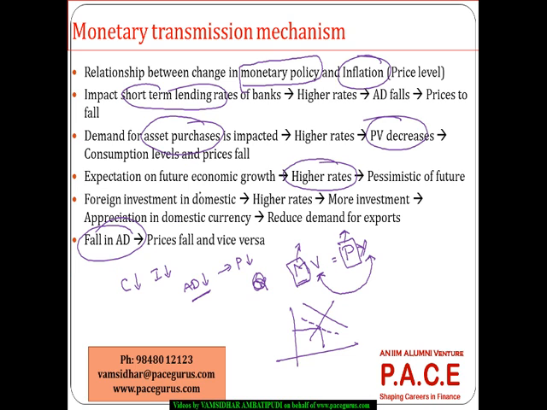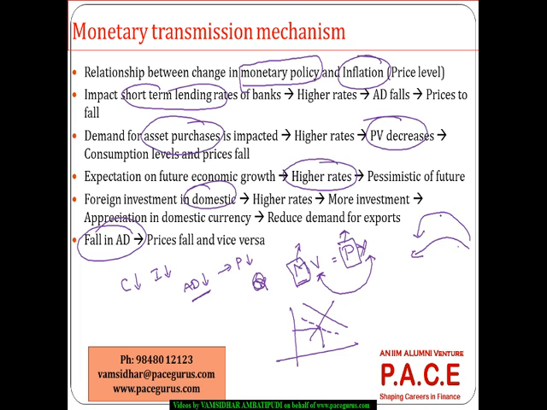Similarly, anything that results in a drop in the aggregate demand is going to impact the prices. Similarly, with foreigners investing in the domestic country, if the interest rates are much higher, a lot of foreign capital keeps coming into the country, because the foreigners feel that investing in this country yields better returns.